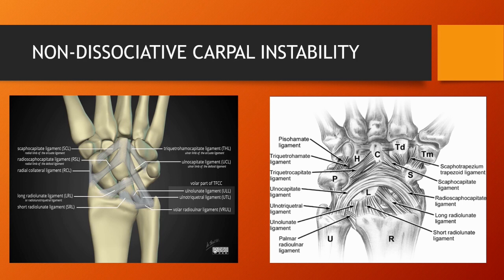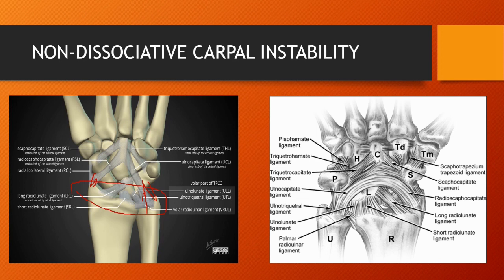But let's just go through these and take a look at these ligaments that become involved in these non-dissociative carpal instabilities. So with non-dissociative carpal instabilities, we're dealing with injury between the radiocarpal articulations here and the ulnocarpal articulations here.